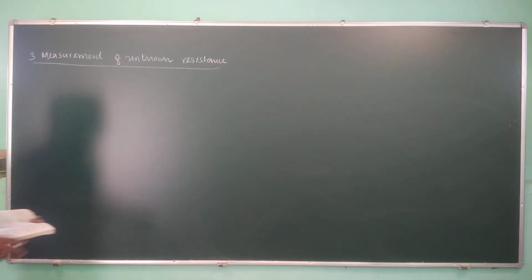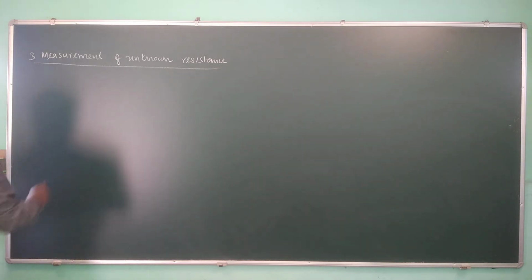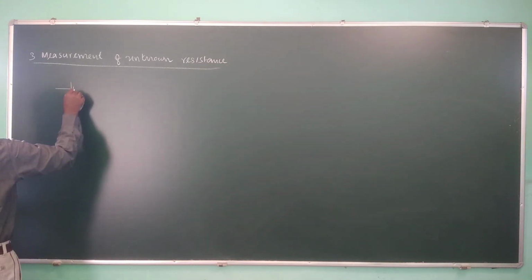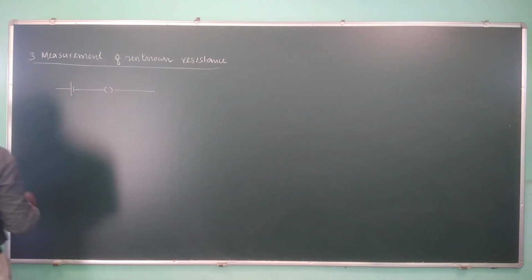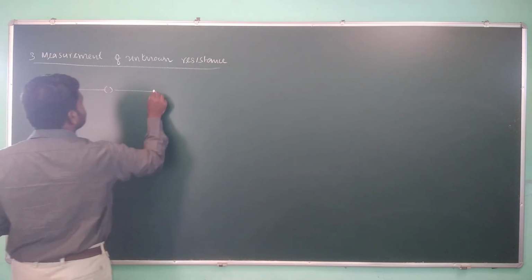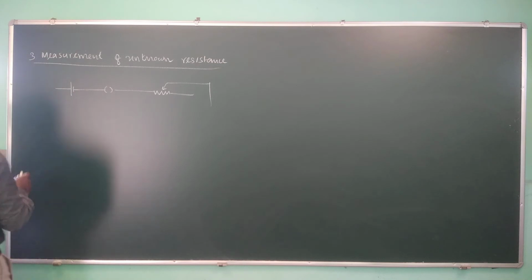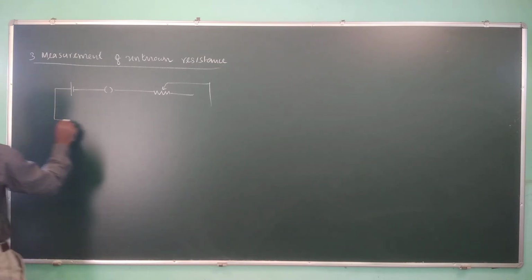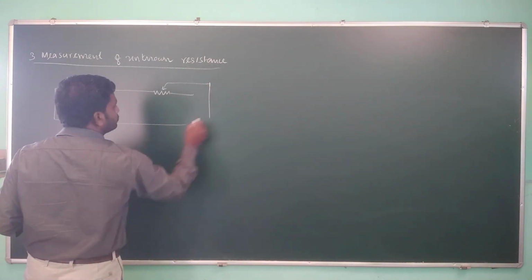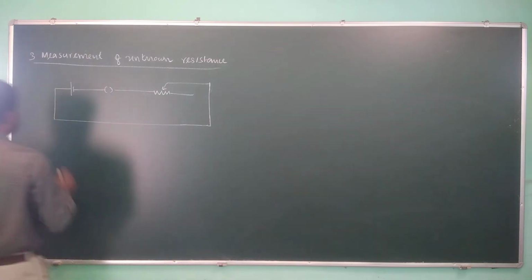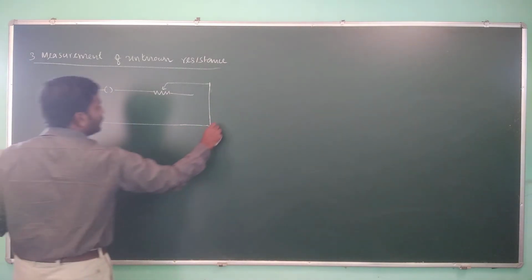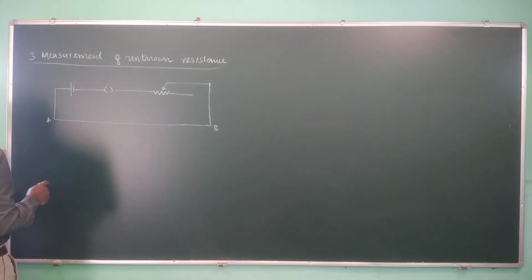For this, let me draw the diagram first using the potentiometer. This is A and this is B.